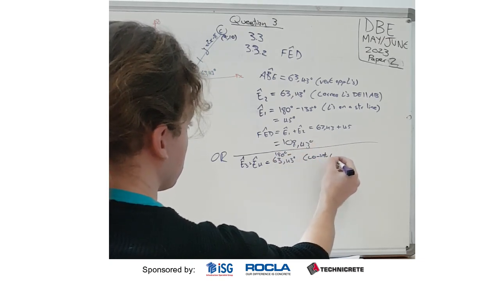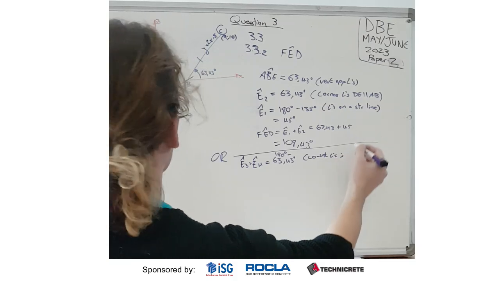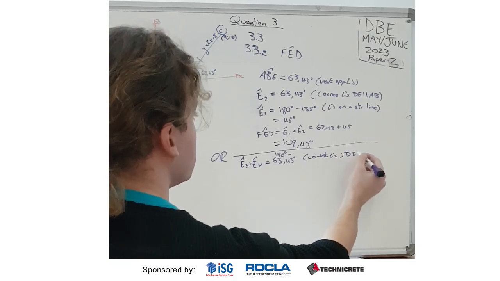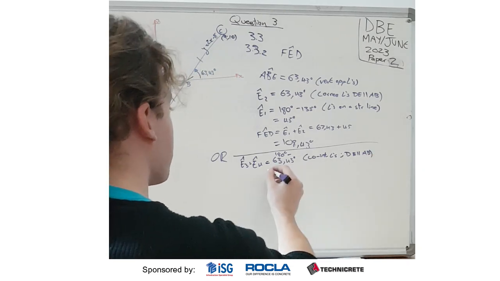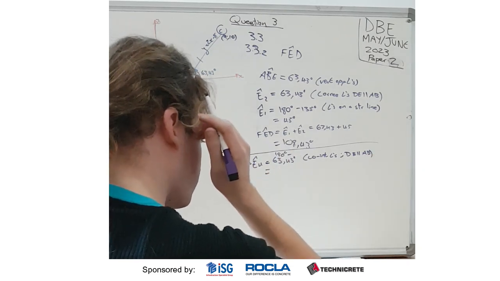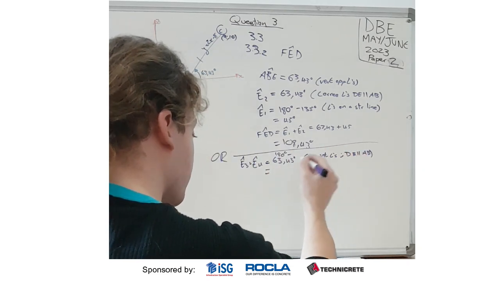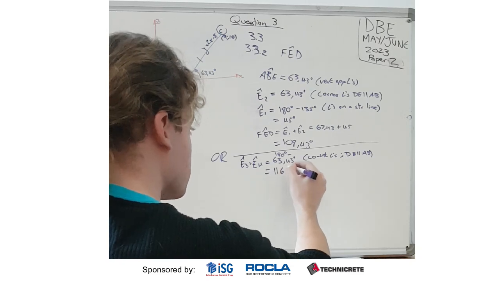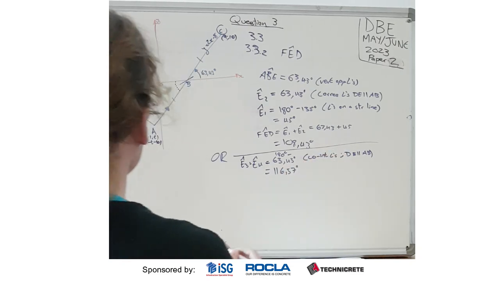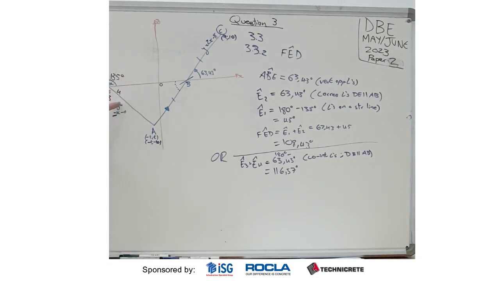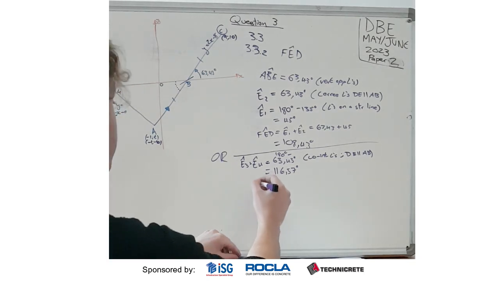The reason: co-interior angles, DE parallel AB. From that we should get 116,57 degrees.